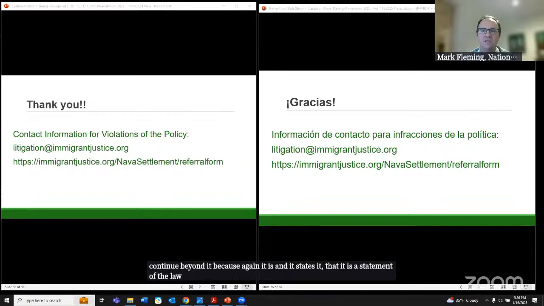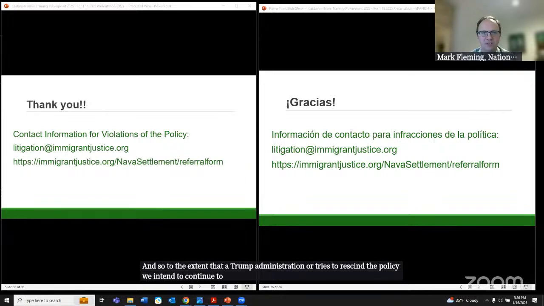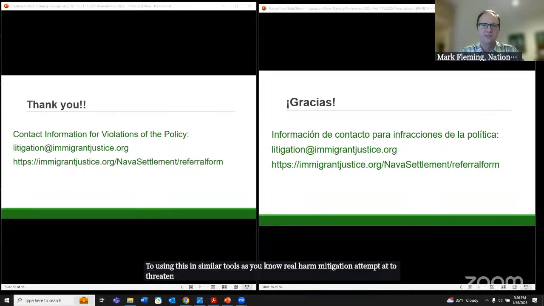And so to the extent that a Trump administration tries to rescind the policy, we intend to continue to fight to make sure that these protections move forward. It may require future litigation. It will depend how the next couple months play out, but we are committed to using this and similar tools as a real harm mitigation attempt at the threatened mass deportation efforts that the incoming administration is describing.